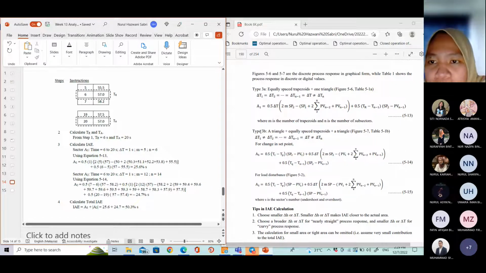Set point number 1? 50. Yes, 50. Okay, so you plus with the summation, 2 times summation of PV n minus 2.